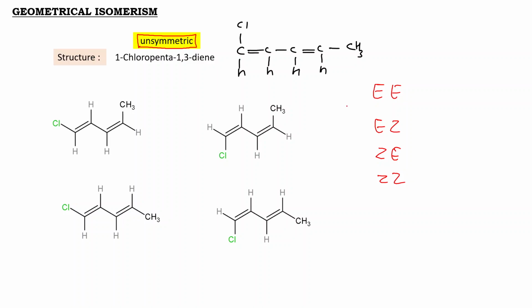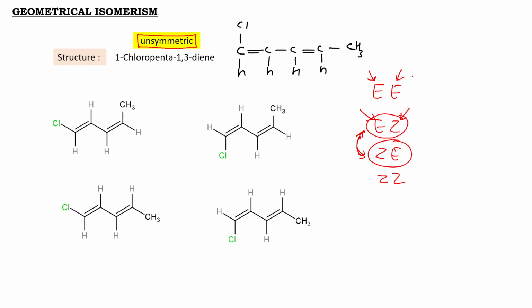Because if this structure were symmetric, the E configuration at one of these double bonds and the E configuration at the other double bond, that's okay, that's a nice molecule. But these two, take a look at these two. You can differentiate the E and Z configuration of the double bonds using their numbers, and you can't superimpose these two molecules.